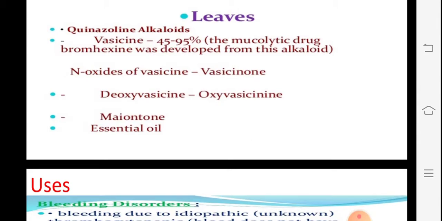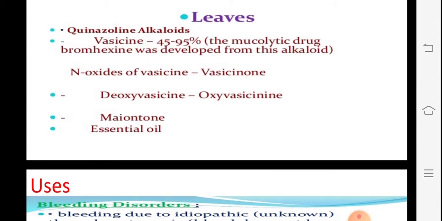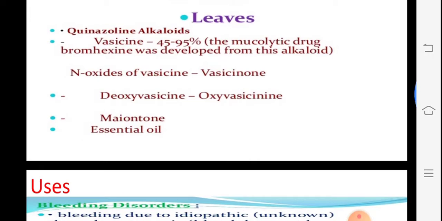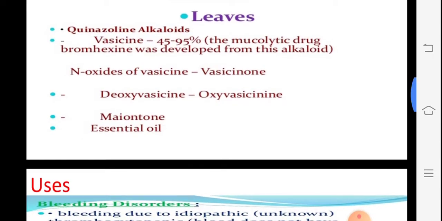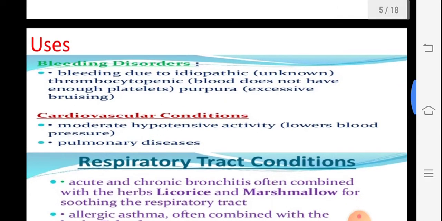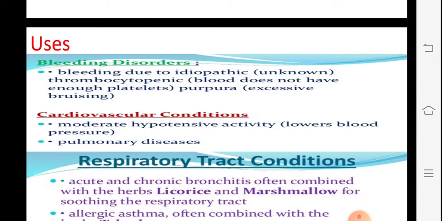Generally, it is a mucolytic drug, and bromhexine was developed from this alkaloid. The nitrogen oxides of vasicine are vasicinone and deoxyvasicine, and oxyvasicinine. So remember any one or two about the chemical nature.